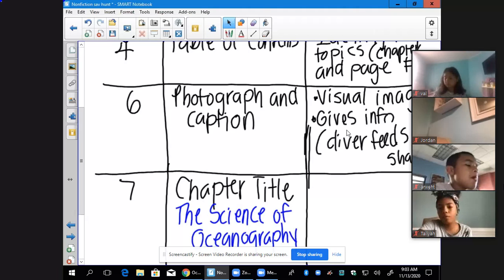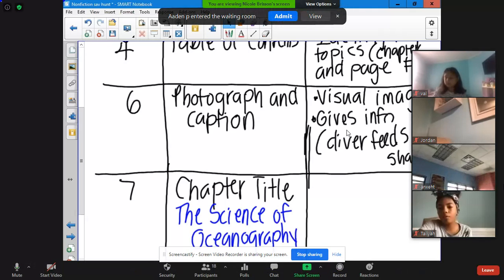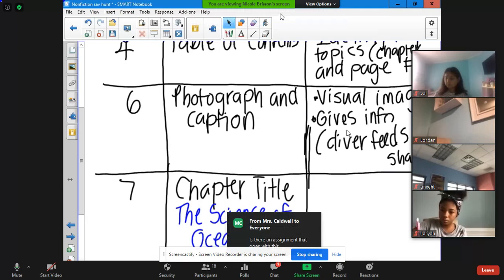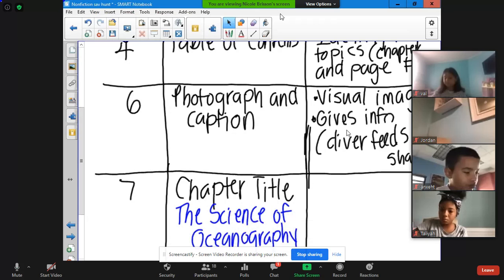And I want you to be thinking as you're writing, what is the purpose? What's the purpose of a chapter title? Why do we have that? How is it going to help us as a reader to better understand what we're reading? Think about that.